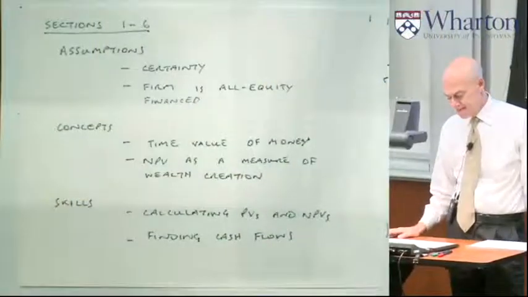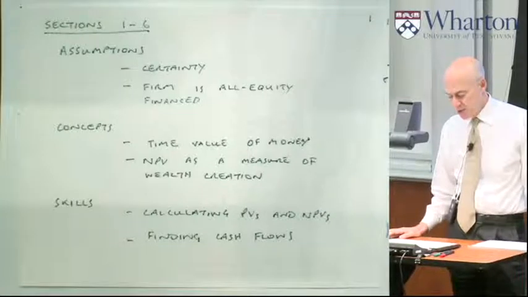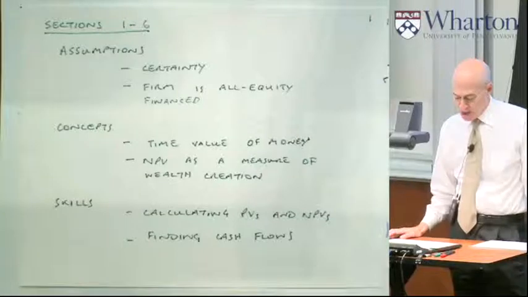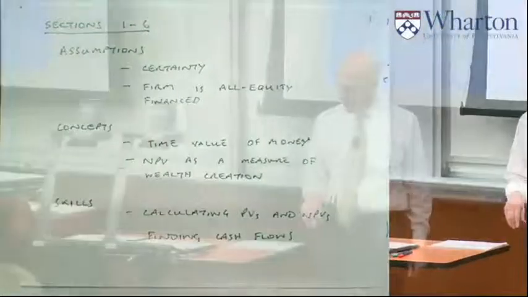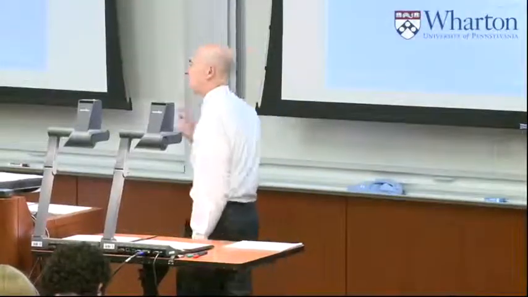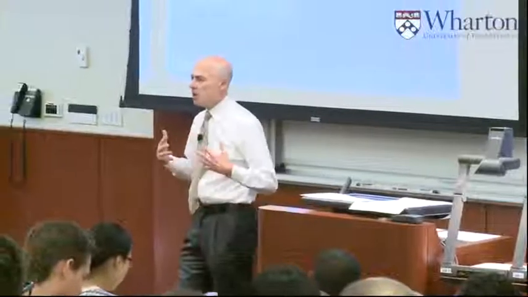We've developed some concepts, time value of money, and NPV as a measure of wealth creation. And hopefully you're beginning to develop the skills of calculating present values and net present value and finding cash flows from accounting data.